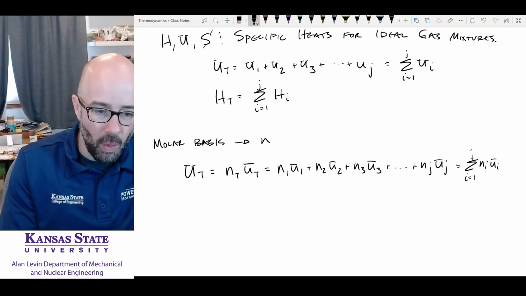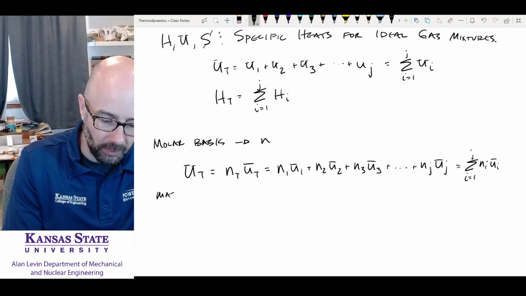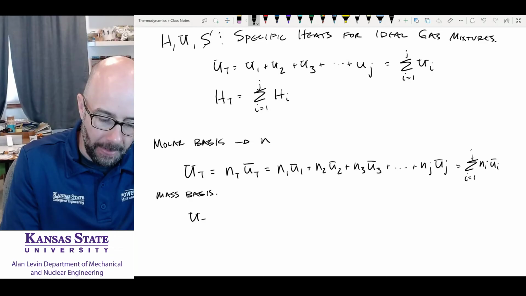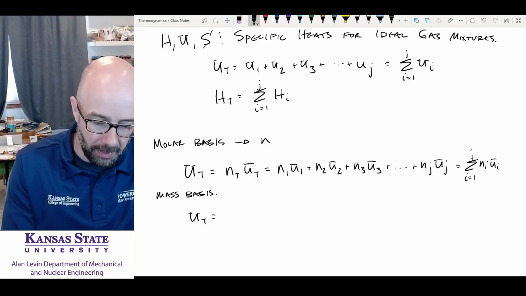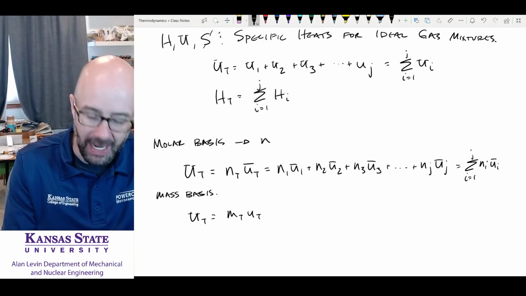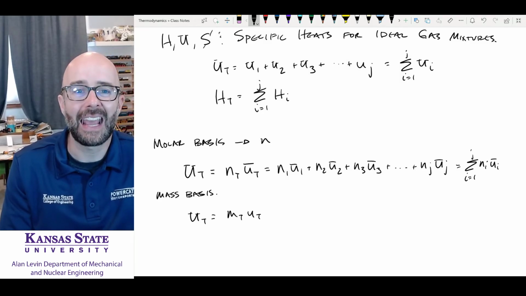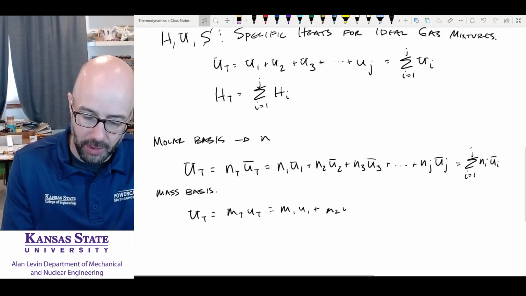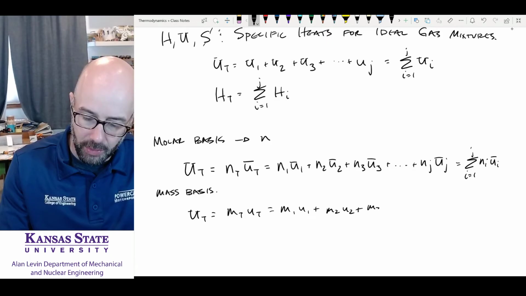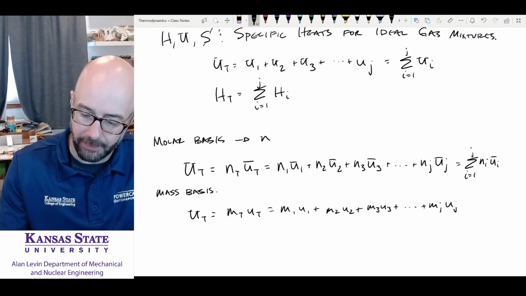Now, what happens if you do it on a mass basis? The total internal energy, which is the same, with units of kilojoules, is equal to the total mass times the internal energy per unit mass. I don't have to put a bar there because we're dealing with a mass basis. This is equal to m1 u1 plus m2 u2 plus m3 u3 plus dot dot dot plus mj uj.